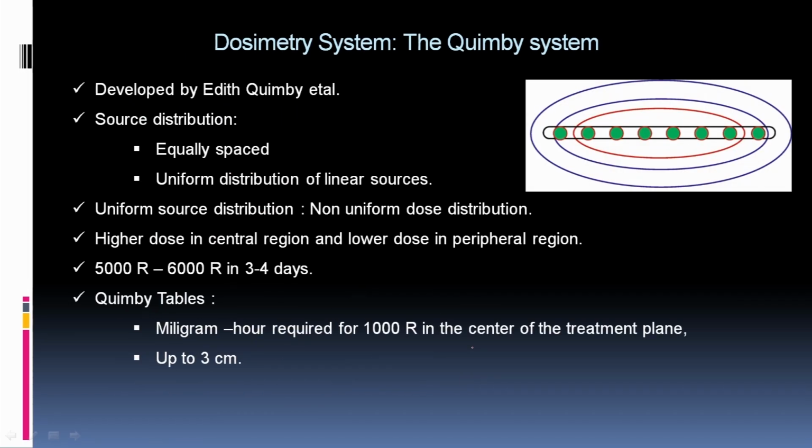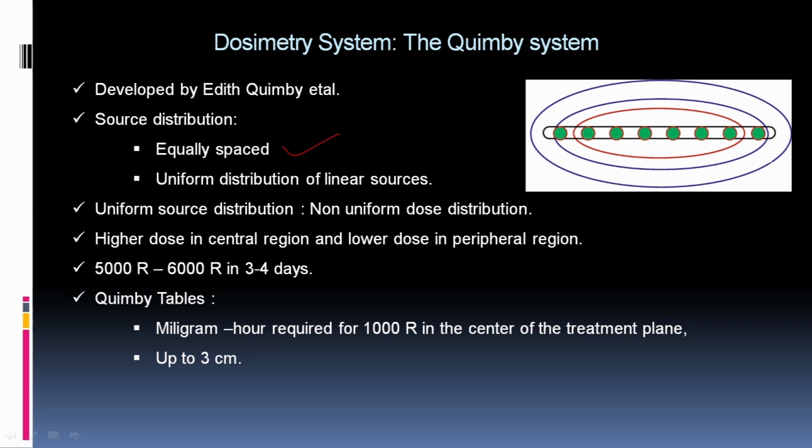Now, discussing the Quimby system. This Quimby system was developed by Edith Quimby et al. I think this is the oldest one. The Quimby system describes the source distribution, and they recommend that the sources should be equally spaced.